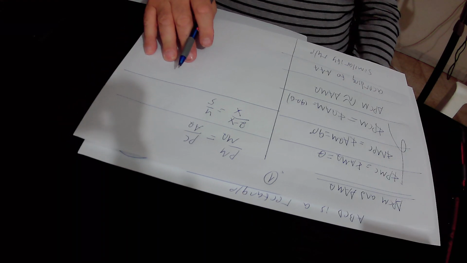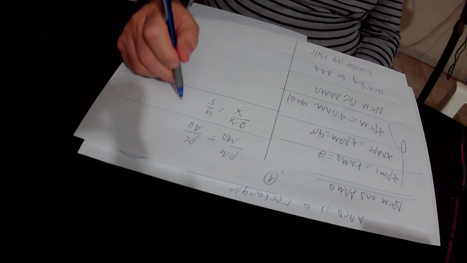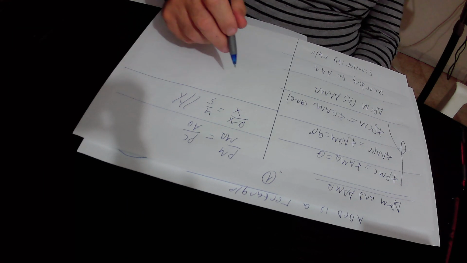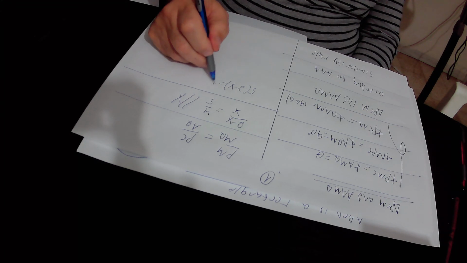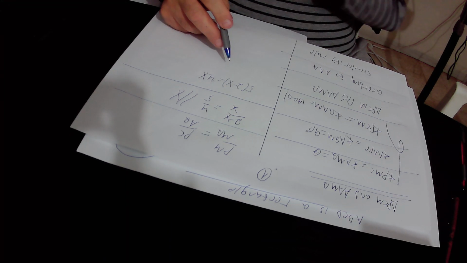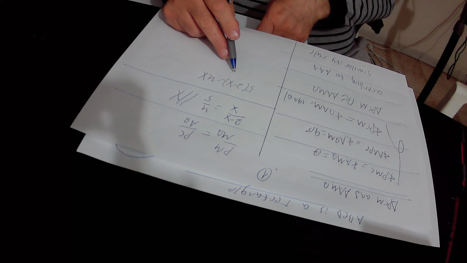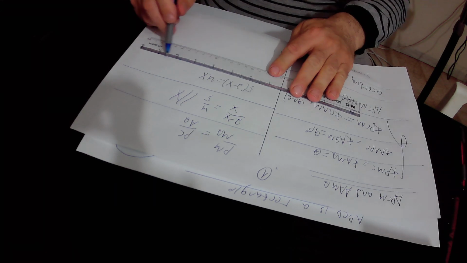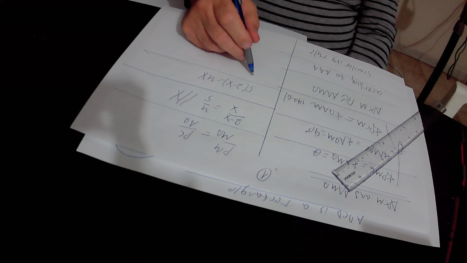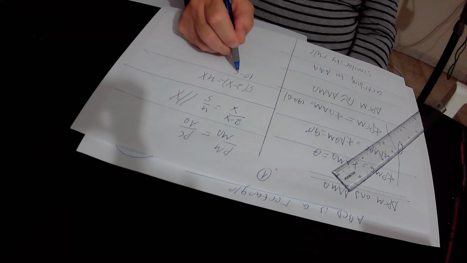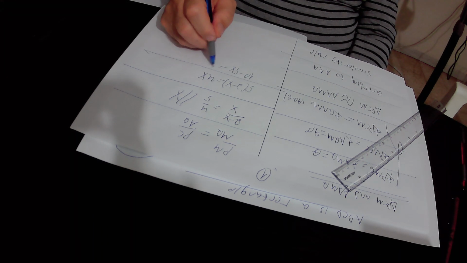Here we will cross multiply this equation and we get that 5 times 2 minus X equals 4X. We will open the brackets on this side of the equation, and we get that 5 times 2 is 10, minus 5x equals 4x.